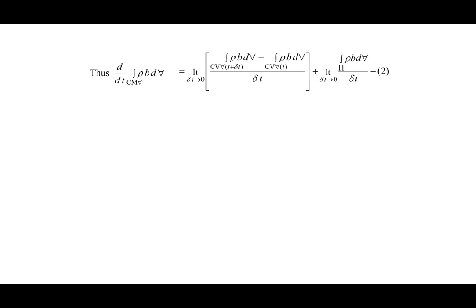So let's rearrange what we got from the previous slide as equation 2. This is the same as before, except the integrals are being performed over the control volume. So I can replace this with the time rate of change of the same quantity b, but now performing the integration over the control volume.